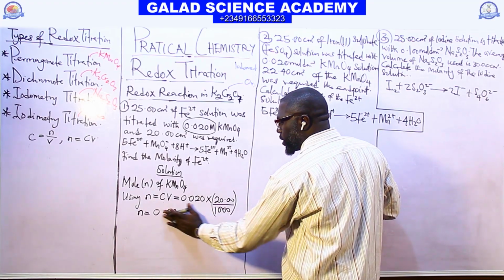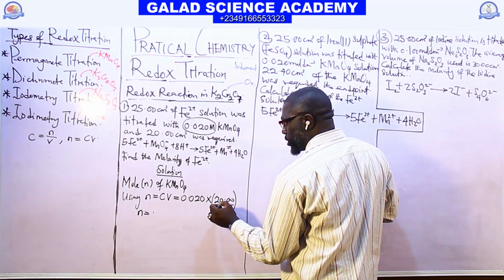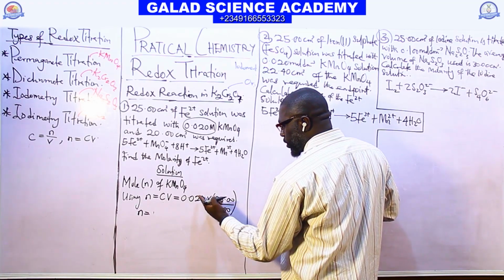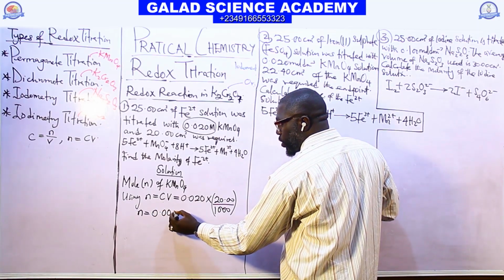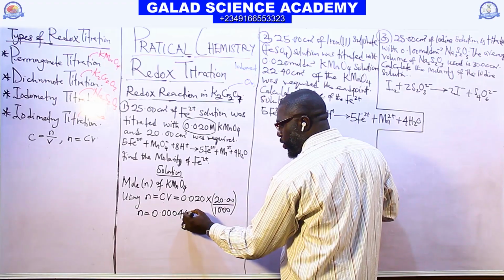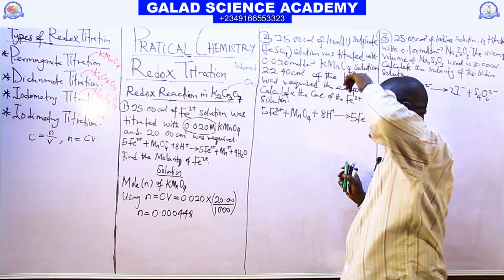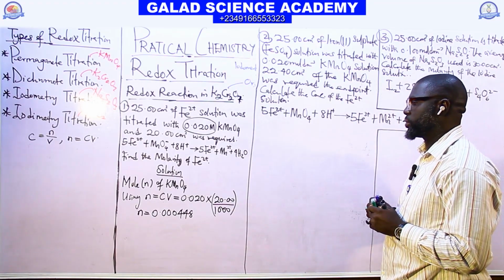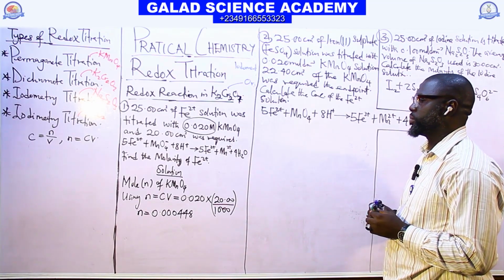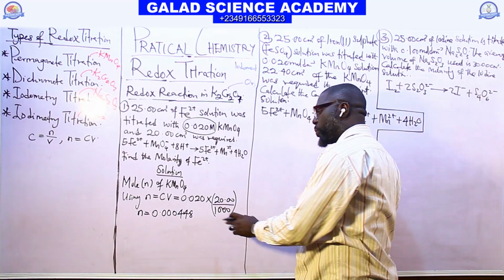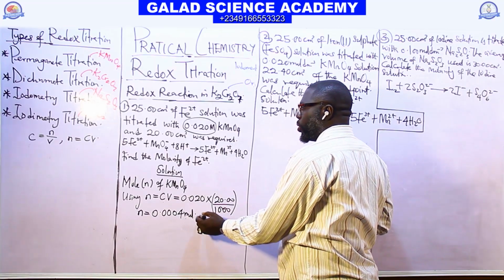This is a mistake. We cancel these, they cancel each other. 2 times 2, 4, to give us 0.000448.